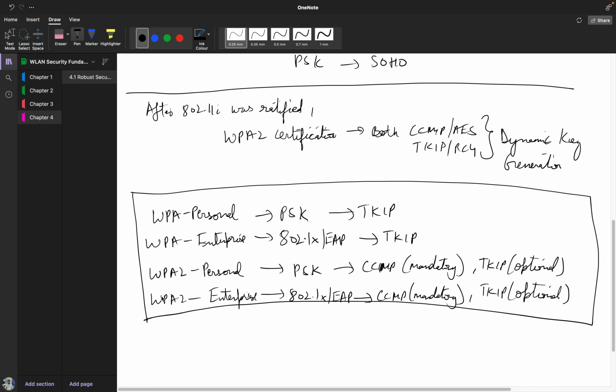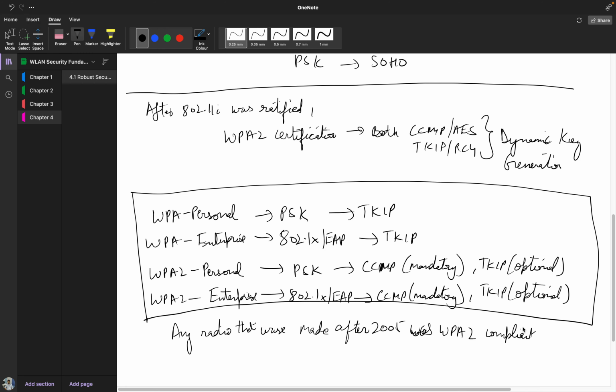Now since 802.11i was ratified in 2004, any radio that was manufactured after 2005 was most likely WPA2 compliant, right? WPA2 compliant basically means that the radio supports CCMP encryption.